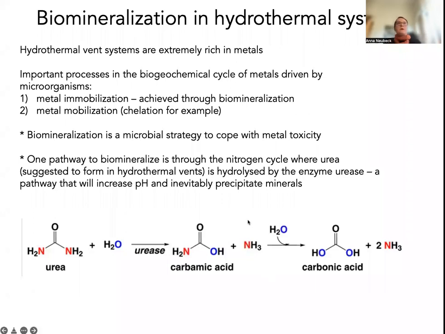If you look at the hydrothermal vent system, it's extremely rich in metals. So in many ways, the microbes in a hydrothermal vent perhaps do not need so much to extract nutrients from the rock. Instead, one of the ways that they need to handle this environment is to immobilize the toxic amount of metals in the hydrothermal vents.